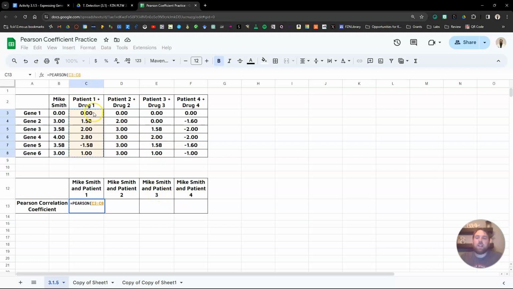All I did was click in C3, that's the 0.00 for patient 1, drug 1 at gene 1, and I clicked and dragged all the way down through gene 6 to highlight every single one of those numbers. You can see the orange dotted line around those boxes to show me that's the data that I selected. I'm then going to hit a comma, and I'm now going to select Mike Smith's data in the same way, clicking on this 0.0 for gene 1 and dragging down to gene 6 here.